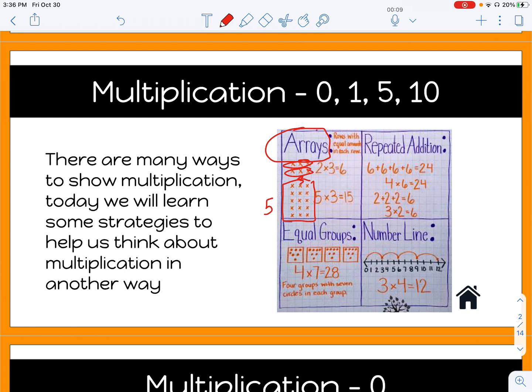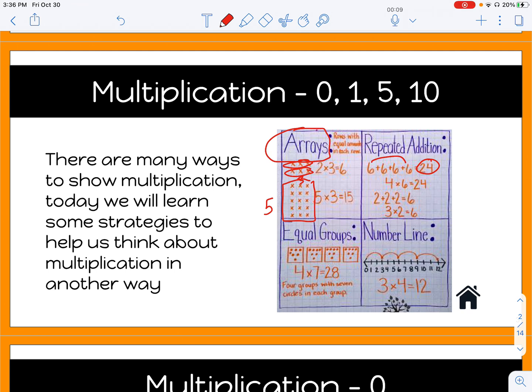You can also think of multiplication as repeated addition. And repeated addition can be tricky when you're getting to bigger numbers. But it's a good way for you to think about what multiplication really is, because it's really adding many times. So 6 plus 6 plus 6 plus 6 is going to equal 24. But instead of doing that, I can also see that there are 4 sixes.